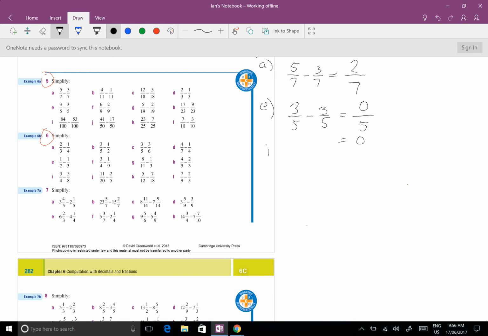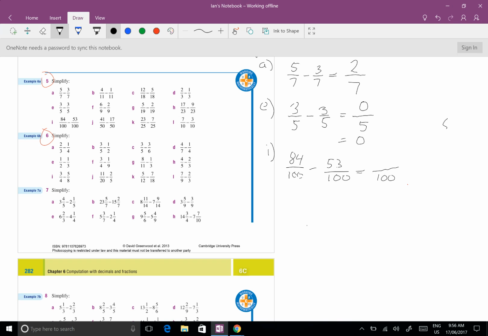And I. Let's have a look at I. 84 on 100 minus 53 on 100. Well, again, the denominator stays the same. And then we perform the operation in the numerator.